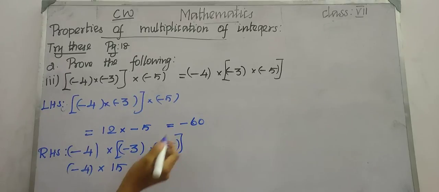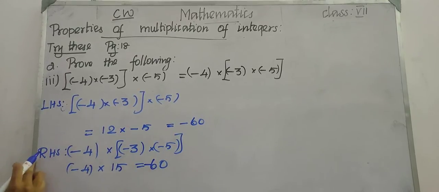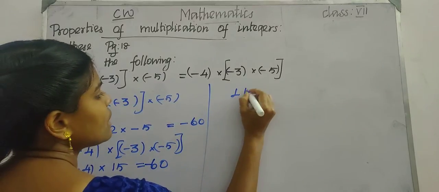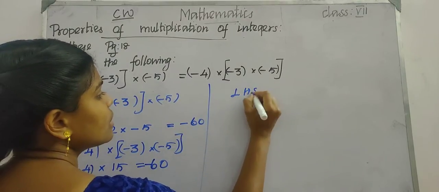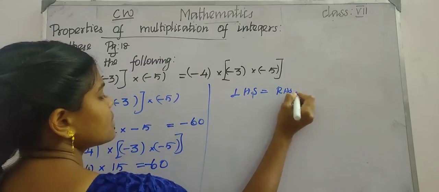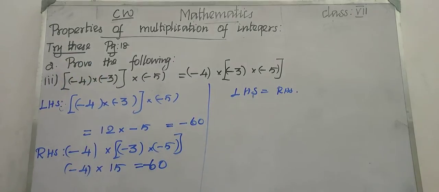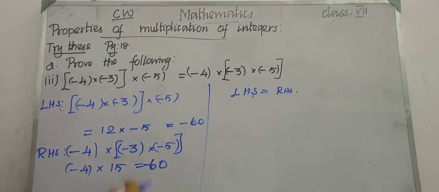Okay children, so we got the LHS equal to minus 60 and also RHS equal to minus 60. So we can write LHS equal to RHS. So multiplication of integers holds the associative property.